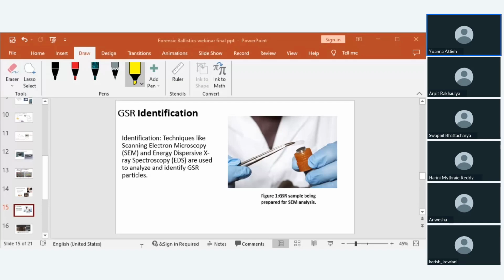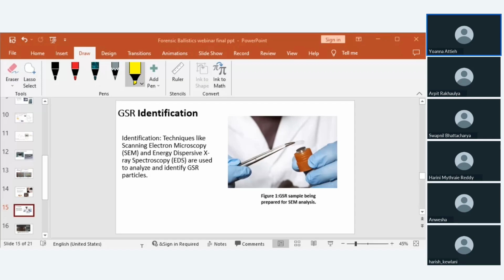SEM's high resolution and non-destructive nature make it an invaluable tool for investigating gun-related crimes because it allows for precise identification and analysis of GSR, which ensures accurate results. So, when a firearm is used, guys, it releases microscopic particles into the air, which then settle on surrounding surfaces, including the shooter's hands.